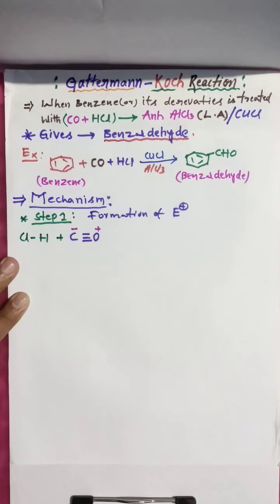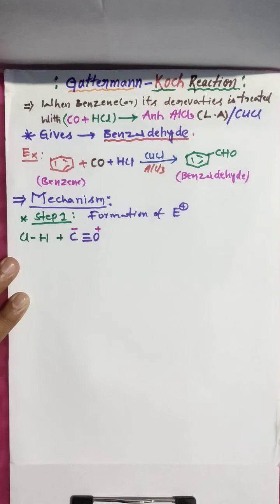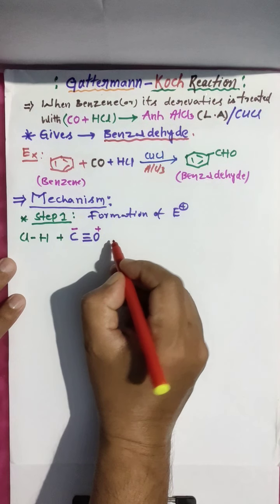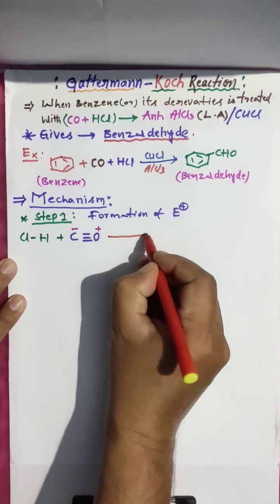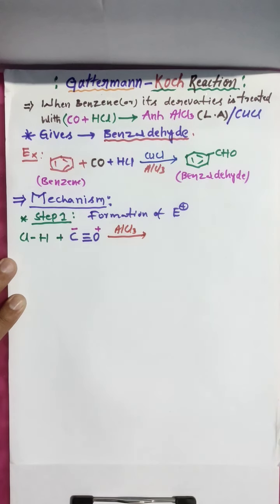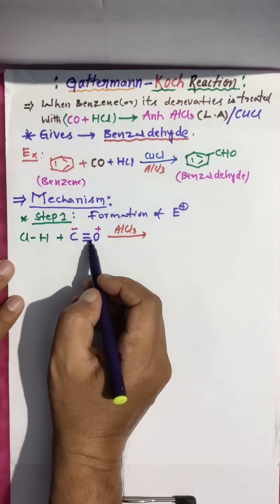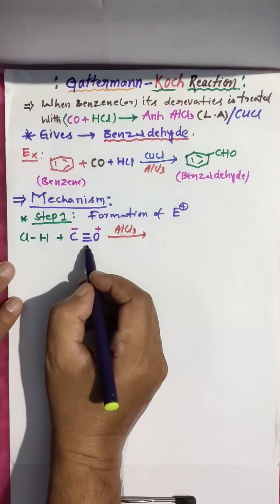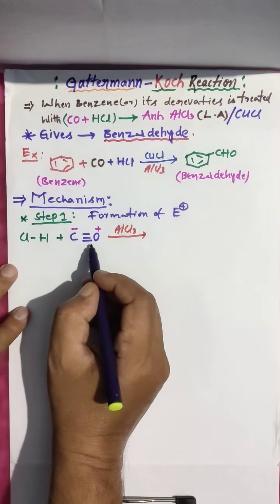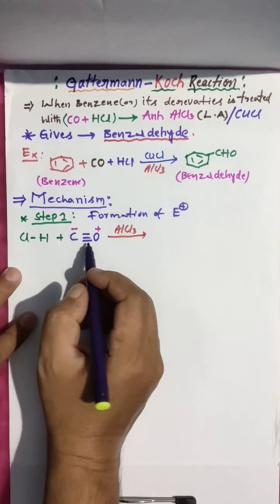along with AlCl3. Clear? In the presence of AlCl3, aluminium trichloride. This we are taking. CO, that is carbon monoxide, is a Lewis base. Remember, carbon monoxide is a Lewis base or reducing agent.